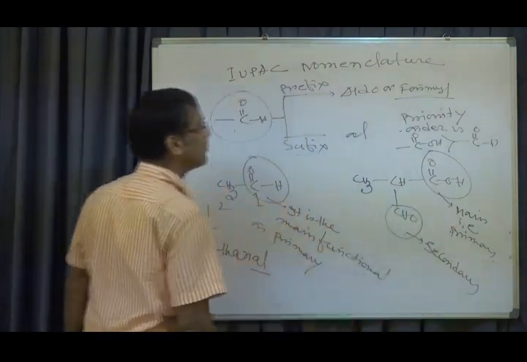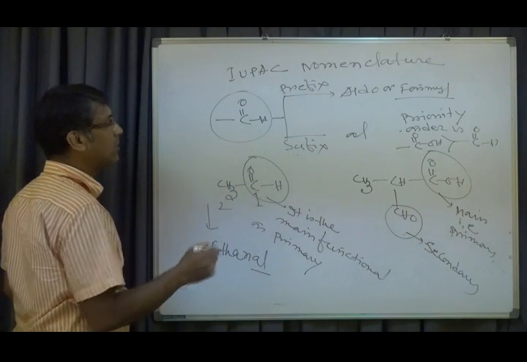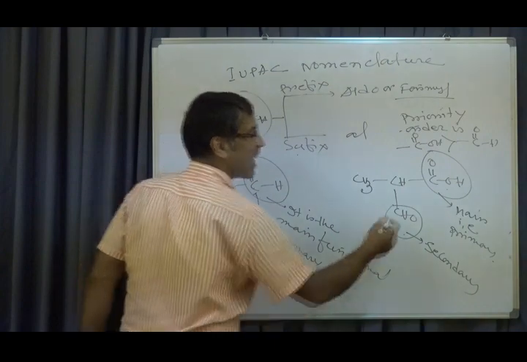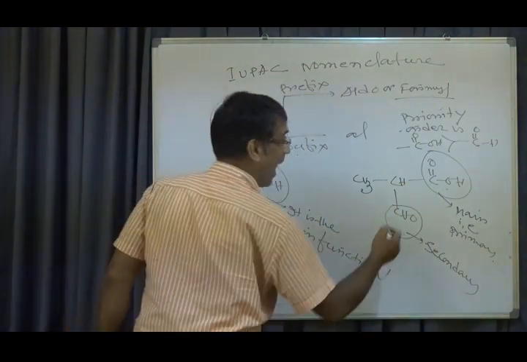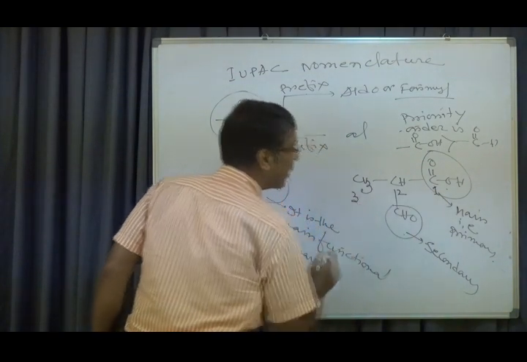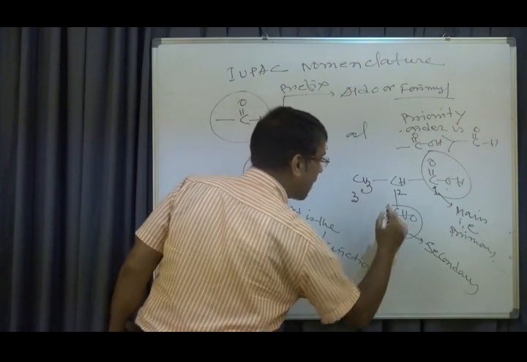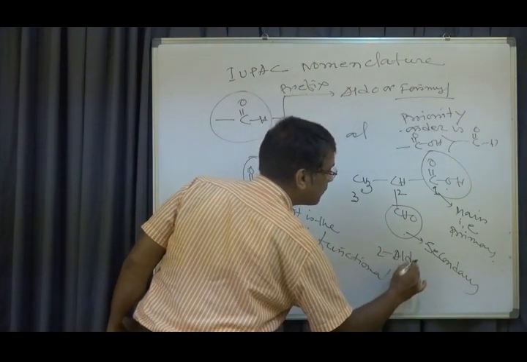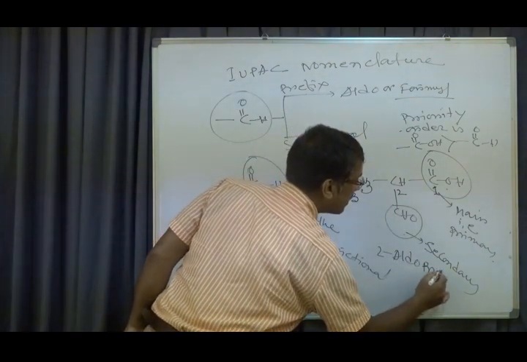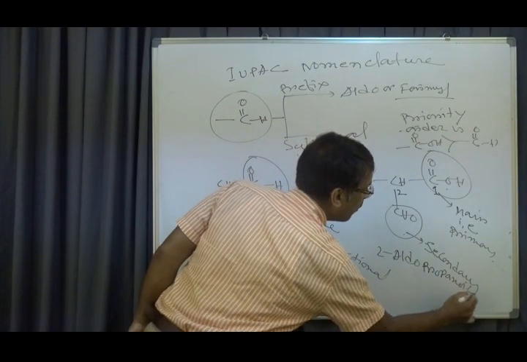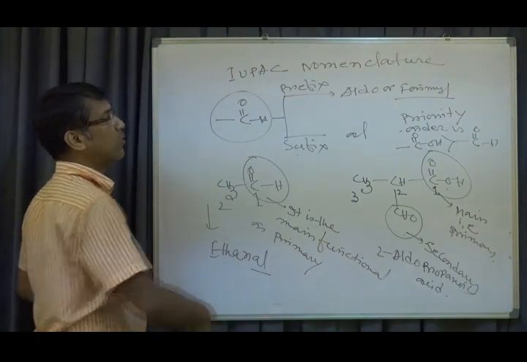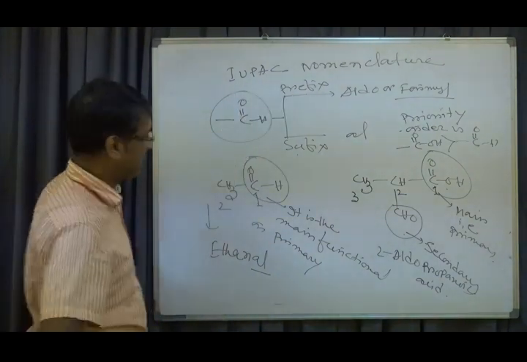The suffix of carboxylic acid is oic acid. So numbering 1, 2, 3, its name is 2-aldo propanoic acid. So it is clear to us what is prefix and what is suffix.